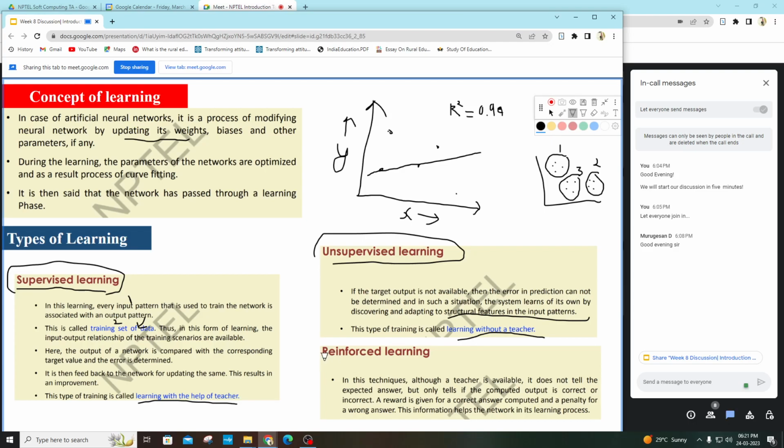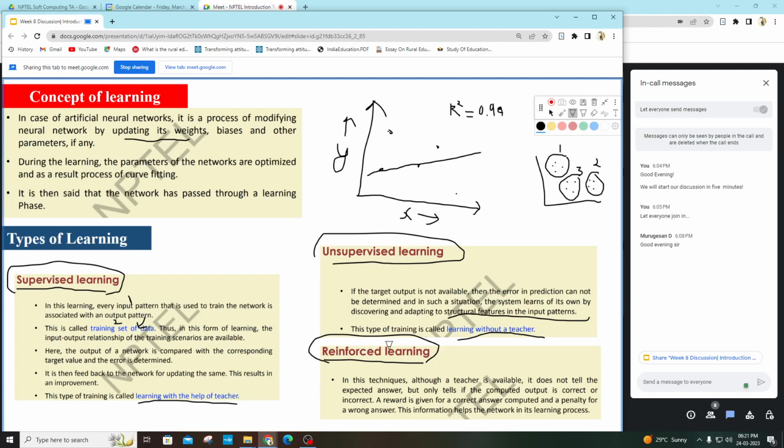There is a third type of learning known as reinforced learning. Supervised learning is with the help of a teacher. Unsupervised is not with the help of a teacher. What happens in reinforced learning is that there is a teacher available, but it will not give you the right answer. In supervised learning, we give input as well as output pattern.